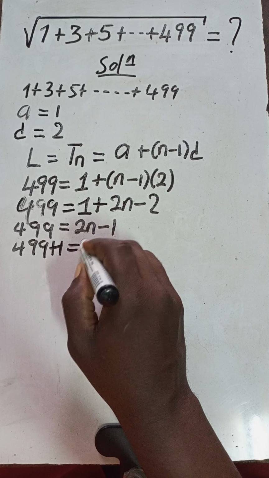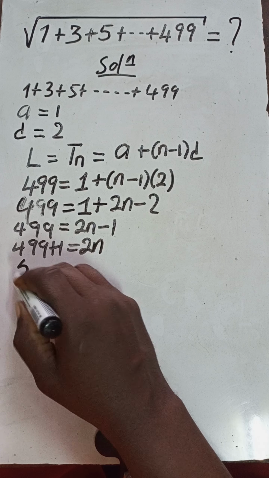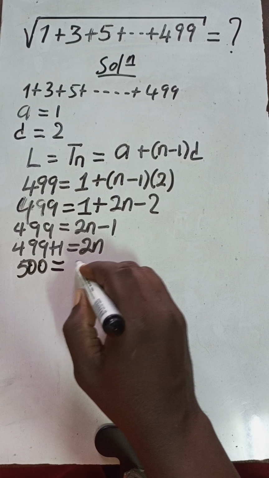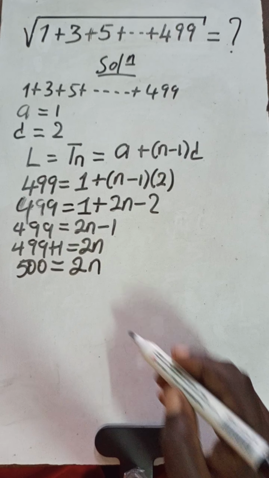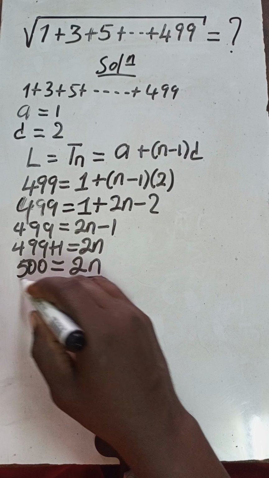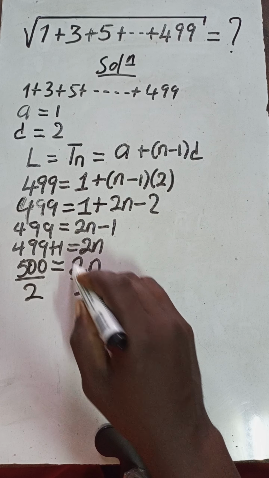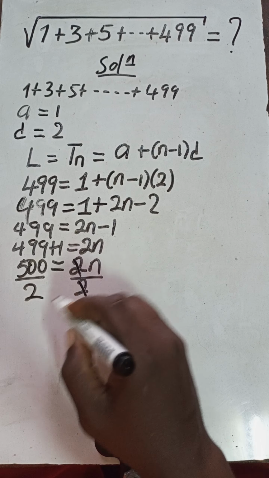So we'll add it here. So this gives us 500 is equal to 2n. Now, if we divide both sides by 2, we're going to see that our number of terms in this arithmetic progression is actually 250. So there are actually 250 terms that have been added up.